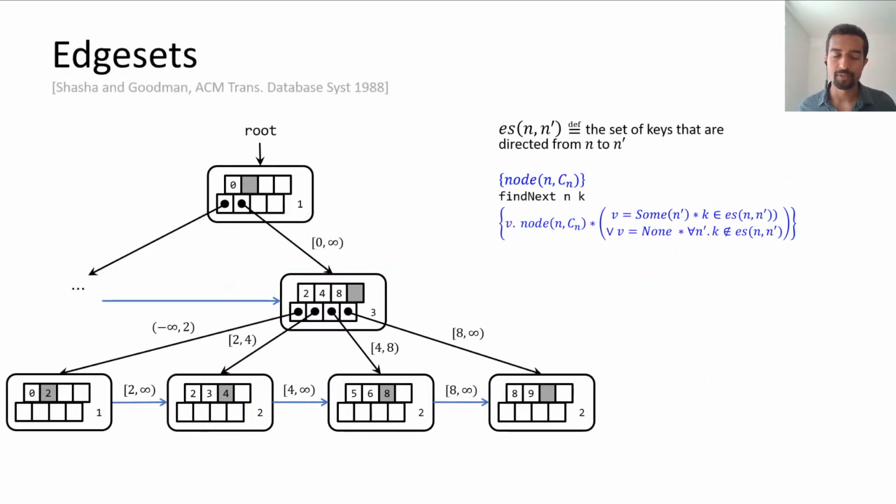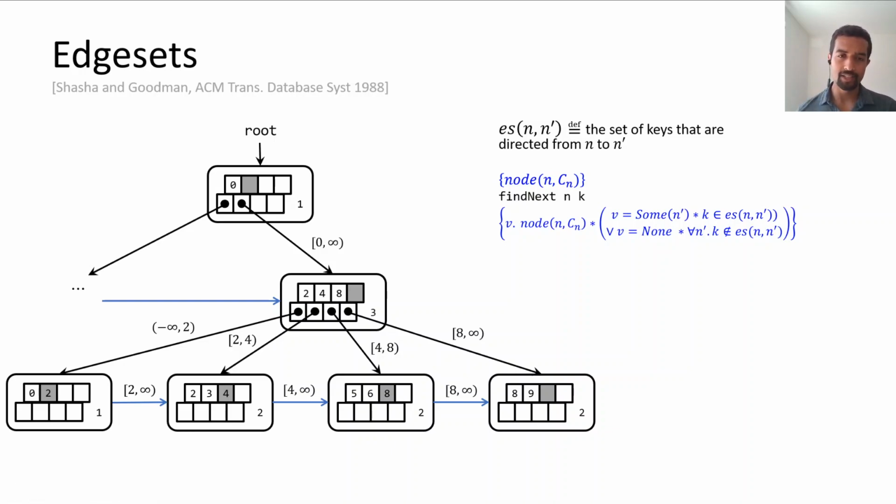The answer here comes from a paper from 1988, which in some sense was the inspiration for this work. This paper presented an abstract view of concurrent search structures towards the goal of being able to systematically generate new concurrent search structure implementations. And the key idea here was to look at the data structure as an abstract graph, where each edge was labeled with a set of keys called the edge set.